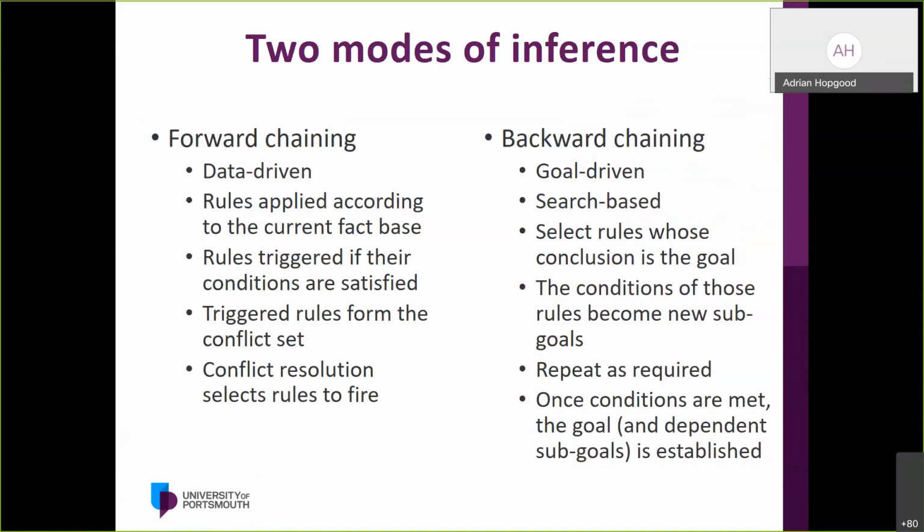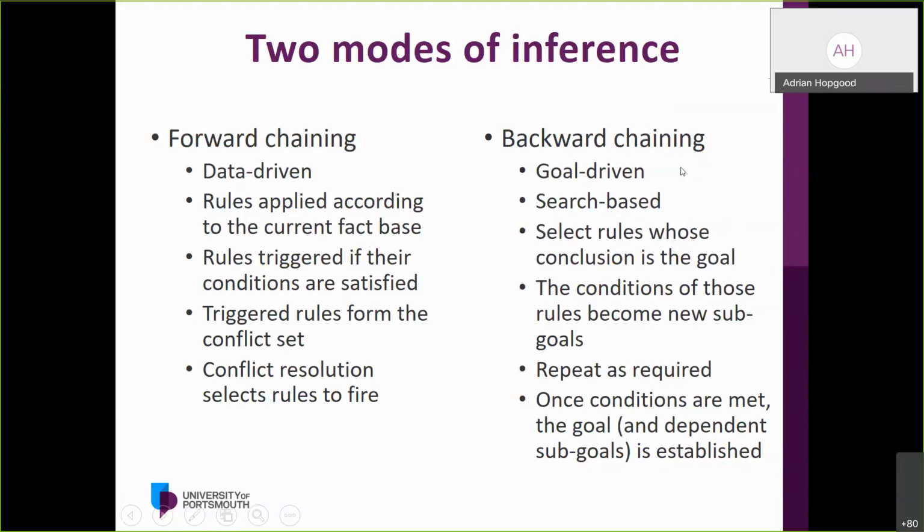That is to say, the rules that you put into the system will be applied according to whatever data is coming into the system. I'm going to show you in a moment an example to do with monitoring the state of a boiler. According to whatever observations are made, rules will fire and a conclusion will be drawn based on whatever rules are available within the knowledge base.